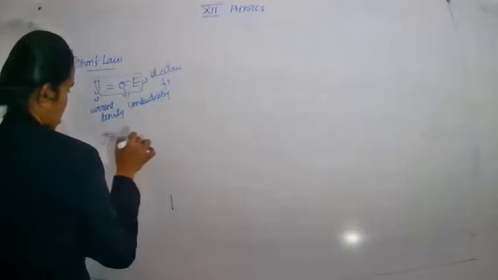So J equal to sigma E. This is the current density.